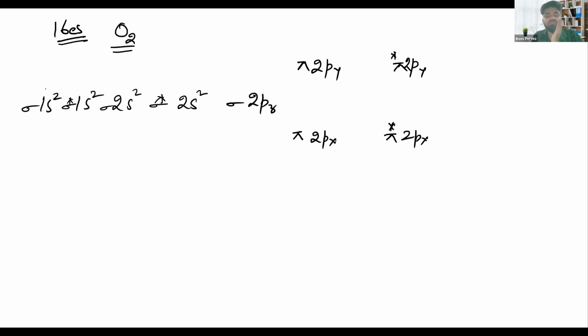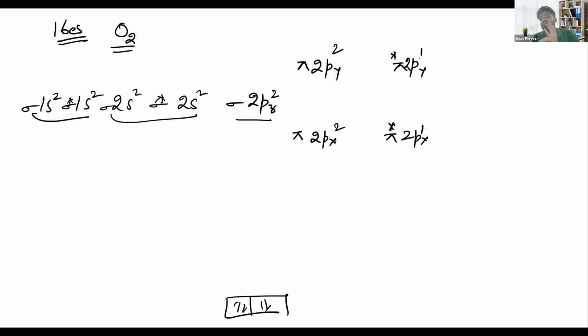So if I fill the 16 electrons: 2, then 2, then 2, then 2, that is 8, then 2 more makes 10, then 4 in the pi bonding orbitals makes 14, and 2 more makes 16. So 16 electrons will be filled like this.